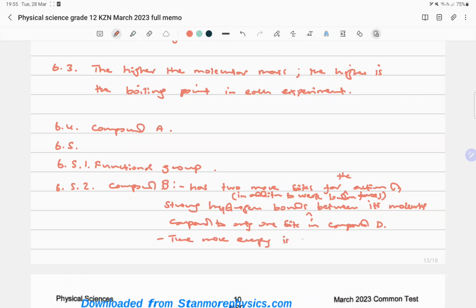more energy is required to separate molecules of B than is required for D. Therefore compound B will have a higher boiling point than D. Done.